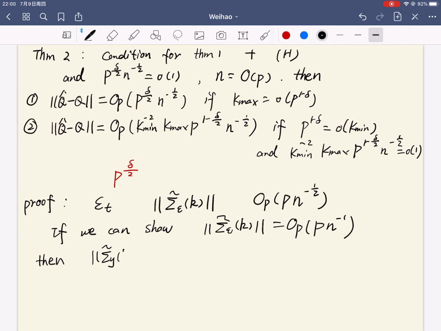then the perturbation bound for the autocovariance for Y is changed to be this.